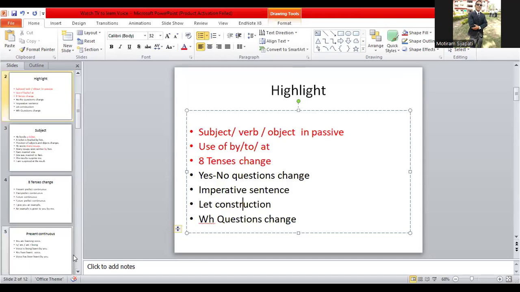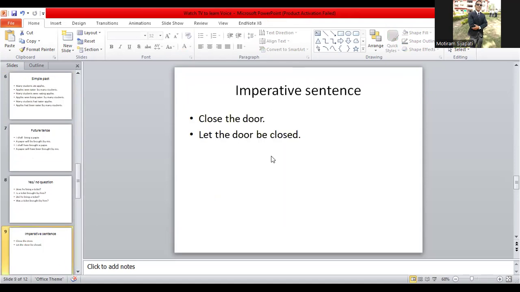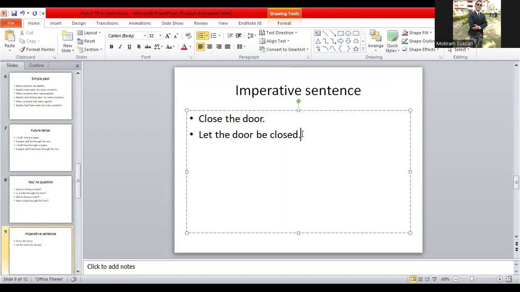We can write here: let him call the police. Here we can say, let the police be called by him. So this is the imperative structure.